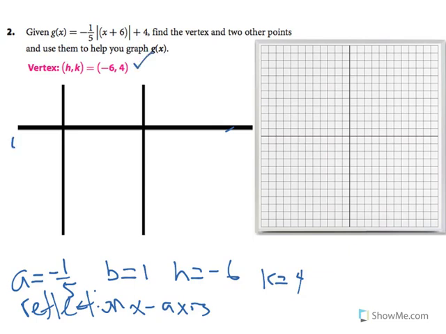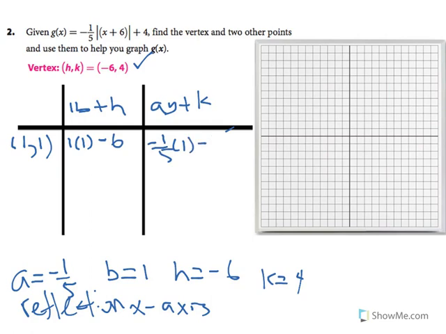So we need to look for our transformed points. So we say that this is 1 times b plus h and a times y plus k. Right? So we say that this is 1 times 1 minus 6, negative 1/5 times 1 plus 4.